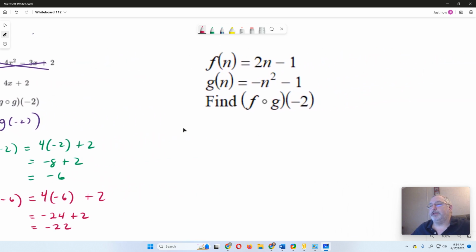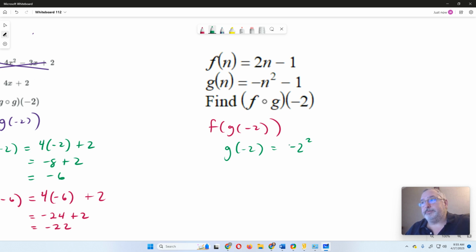All right, last one. I want to use this one because I want to emphasize this substitution. People get a little confused with the substitution, so I want you to understand that we're doing f of g of -2. So let's start off with g of -2. This is where people get a little confused about this negative. They want to put the negative and just say that since this is negative and I'm substituting into this, they just do this.